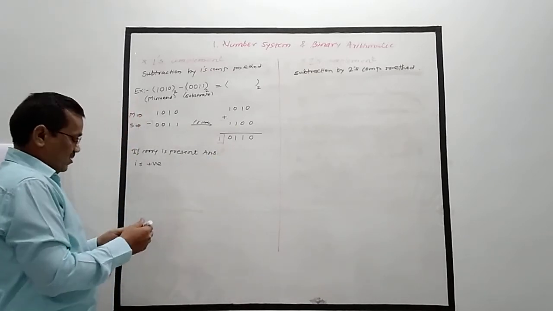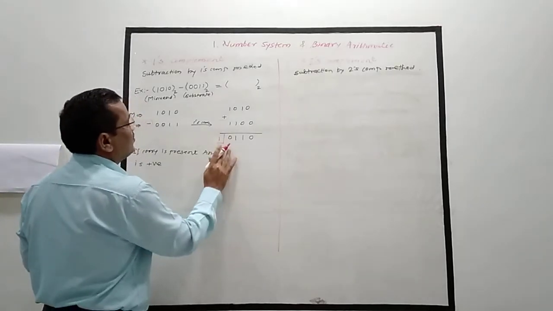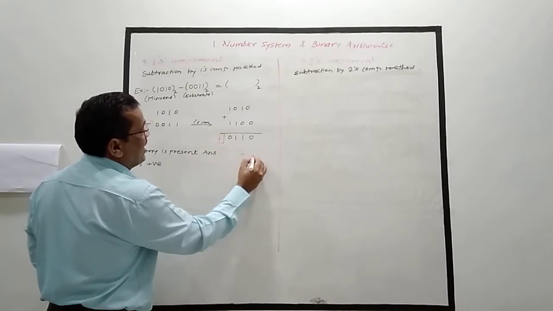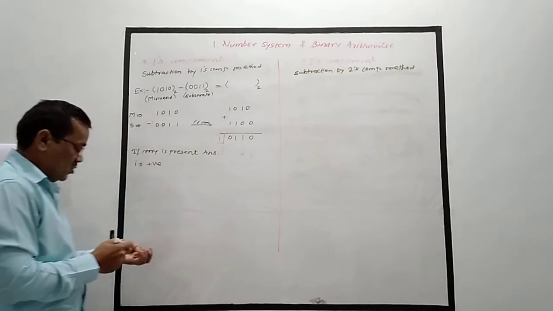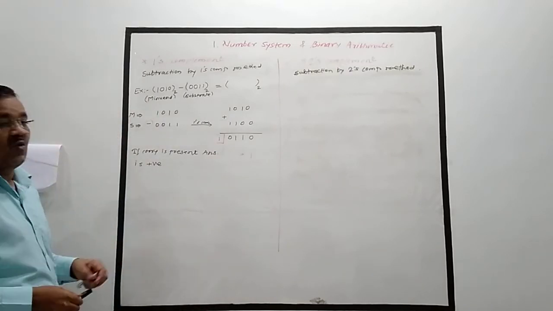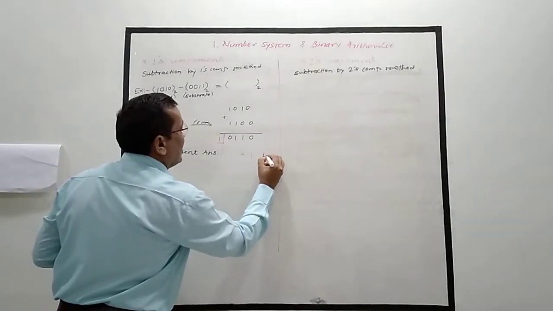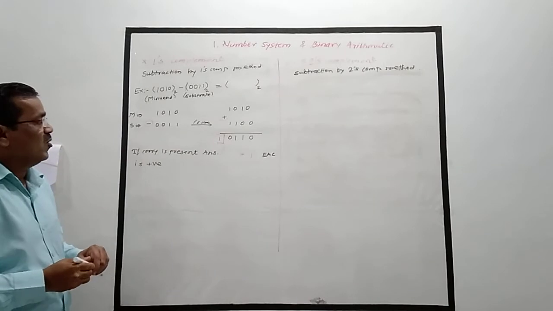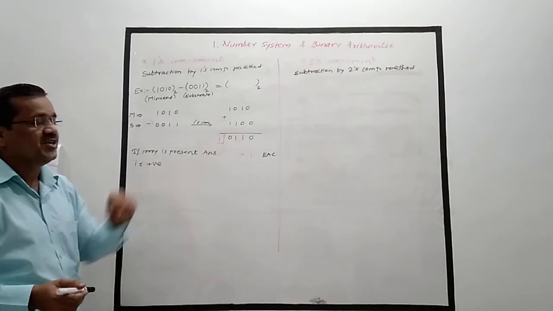Now what to do? This carry is added into this number. This is the end around carry, EAC. End around carry means this carry is to be added into the addition.